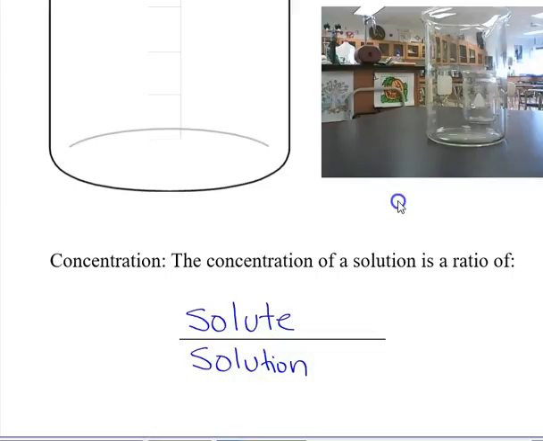Now the way in which we measure the solute can be in grams, it can be in moles, it can be in different amounts. But when we think about the solids, like I'm going to use today sodium chloride.